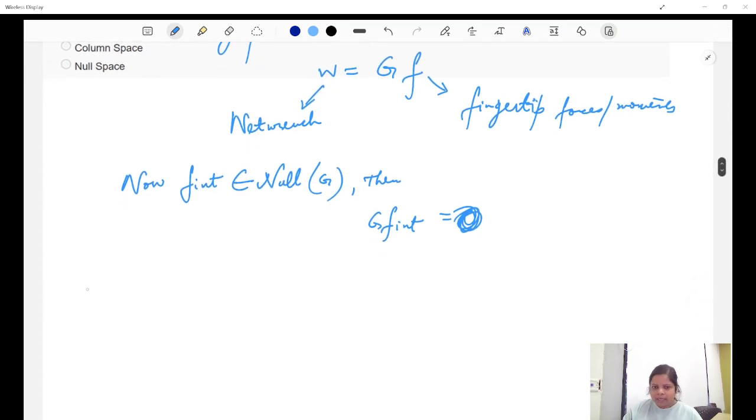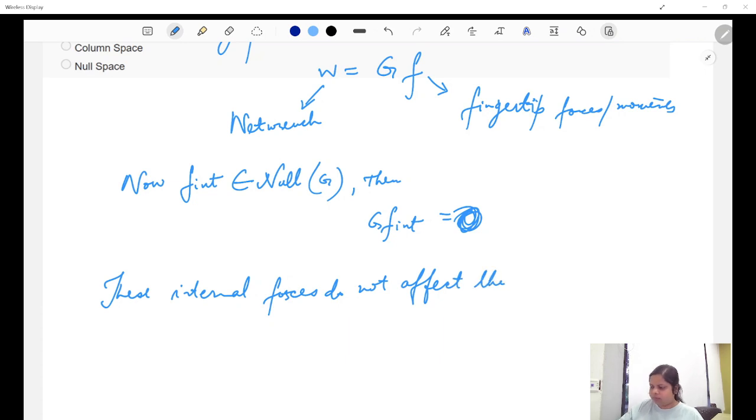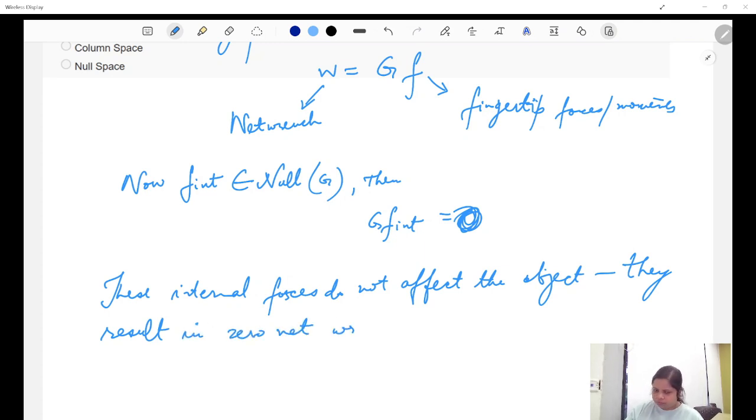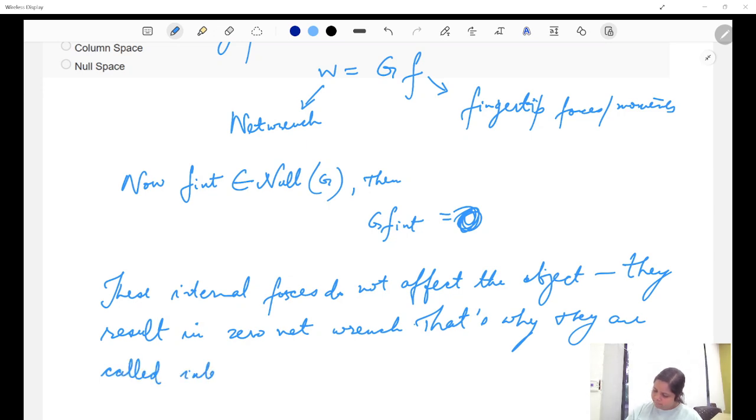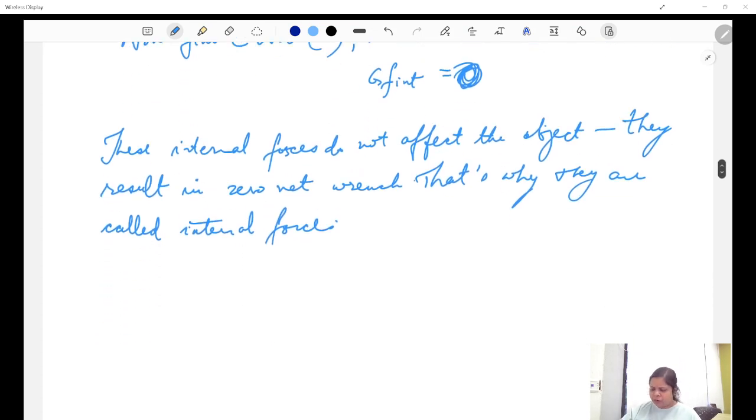What does this mean? This means that these internal forces do not affect the object. They result in 0 net wrench. That's why they are called internal forces. For example, what could they be?